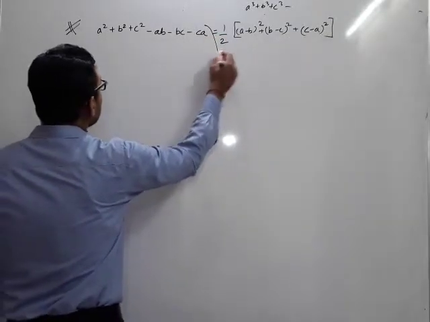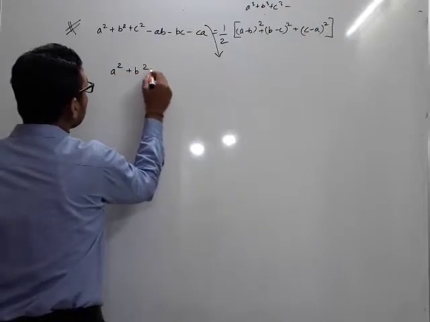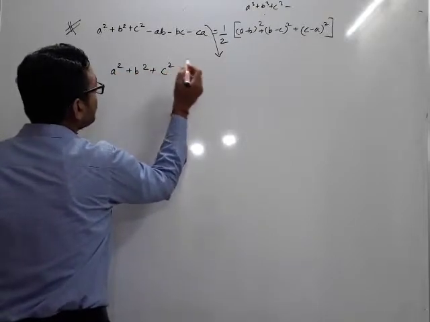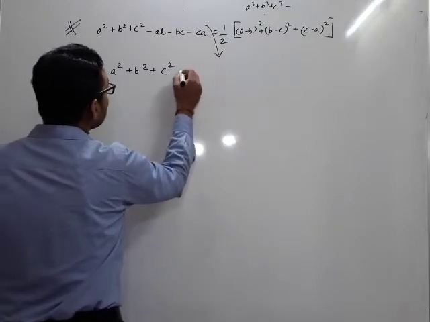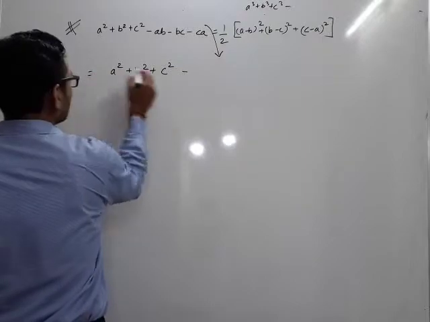This can be written as a square plus b square plus c square minus ab minus bc minus ca. We will multiply and divide it by 2.